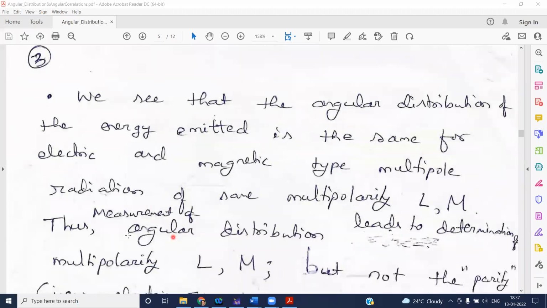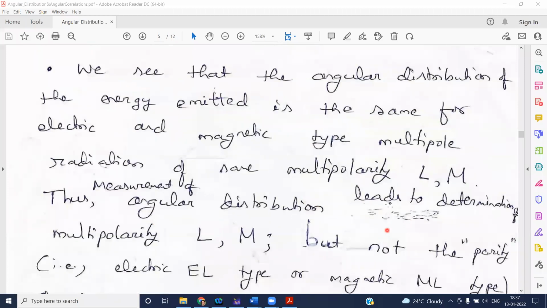And this measurement of angular distribution can determine, if I know the angular distribution of the radiation at different angles, the number of gamma rays, this leads to determining the multipolarity.